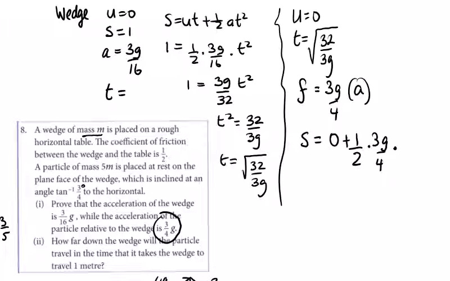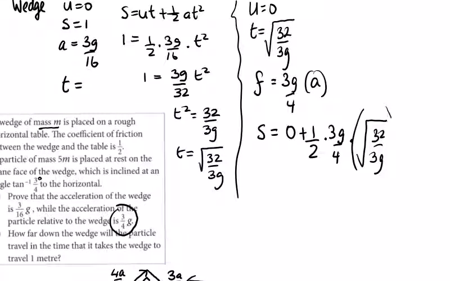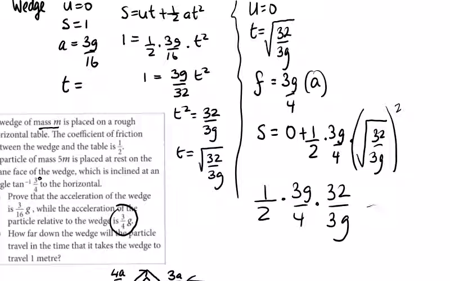So if I square the square root, I'll put it in long form, 32 over 3g all squared. So that's going to be a half by 3g over 4 by 32 over 3g. Cancel, cancel. 32 over 2 4s are 8 is equal to 4 seconds.